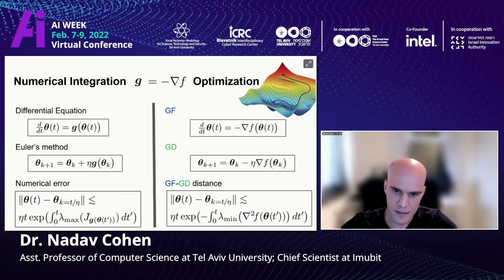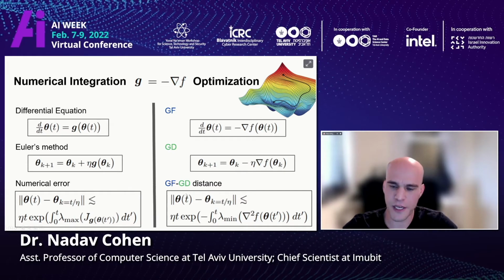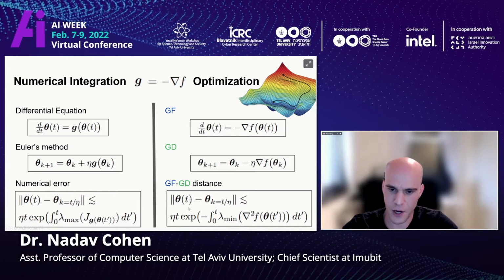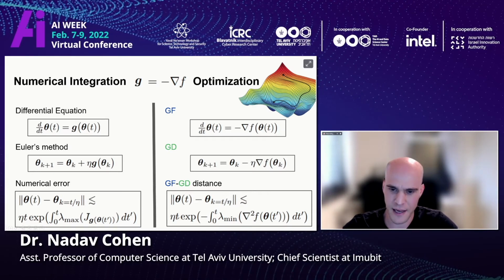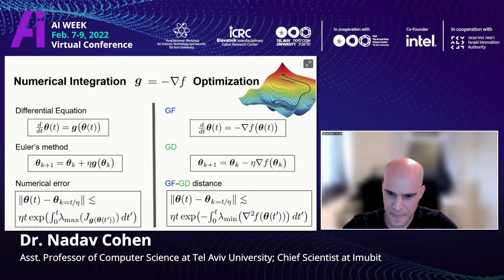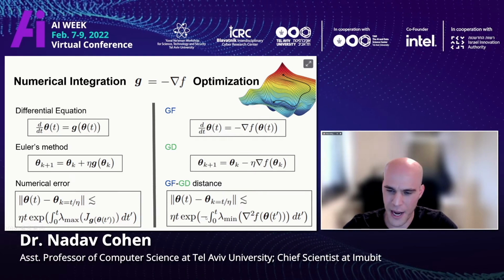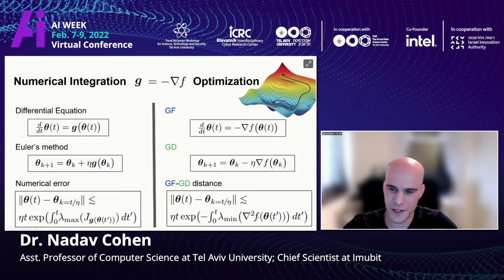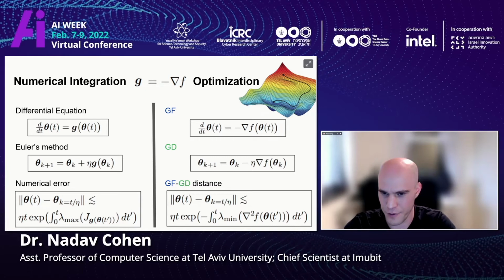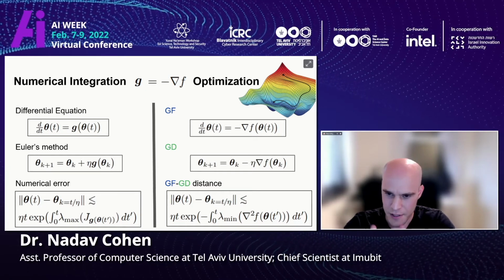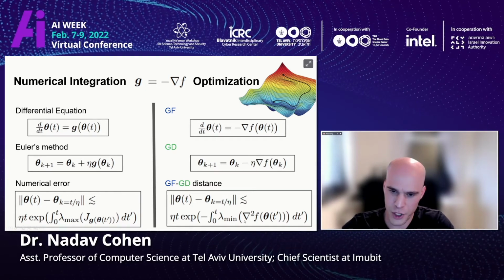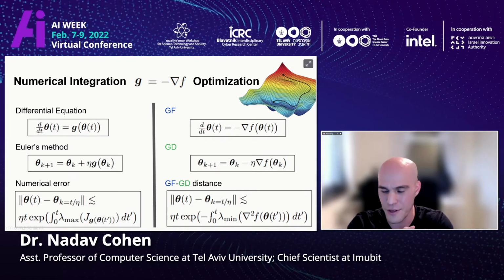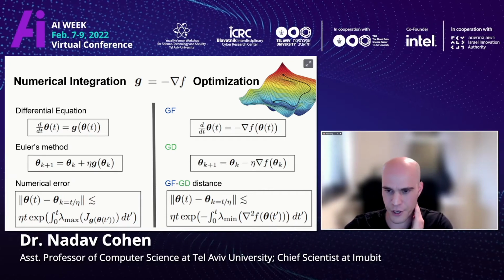The bound says that the distance between gradient flow at time t and the corresponding iteration of gradient descent is upper bounded by the step size eta times t times exponent of minus the integral of the minimal eigenvalue of the Hessian along the gradient flow curve.